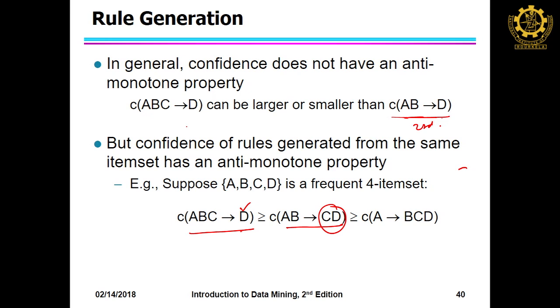Once an item set is frequent, all its corresponding subsets will be frequent. Here, for confidence, we do not say frequent, we say strong or weak, depending on whether it is a valid rule. If the confidence is above 60% we will say it is a valid rule. So, here we see and here we see. On the right side, with respect to B, C, D, this is the subset. Subset confidence is more than its corresponding superset if the rules are generated from the same frequent item set.